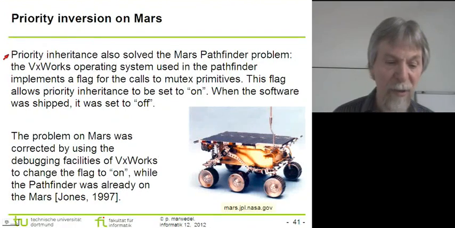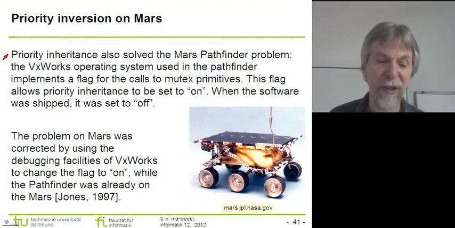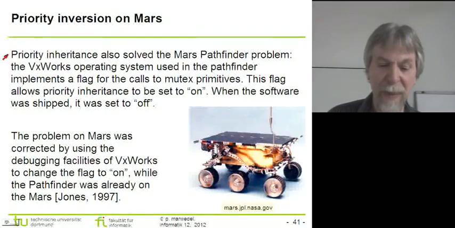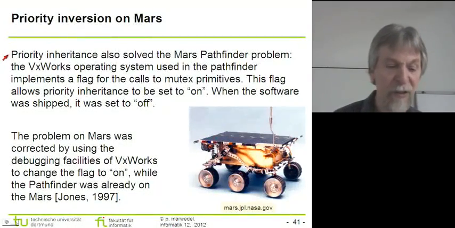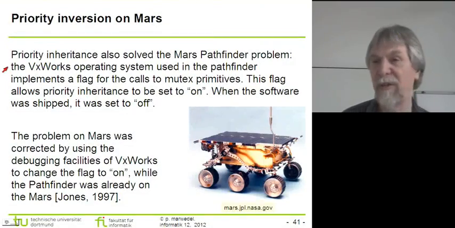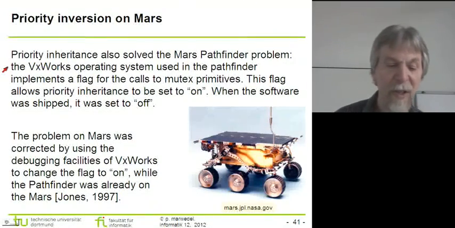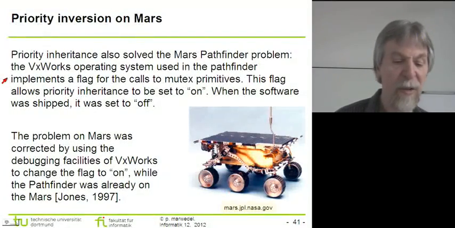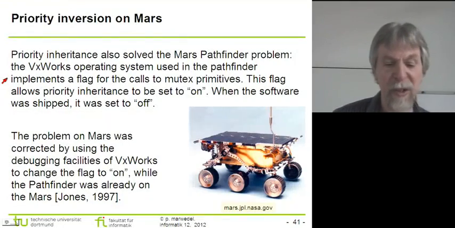So next, I'd like to demonstrate that with priority inheritance, this problem on Mars was also solved because they did ship the full operating system VxWorks there to Mars, including all the debug primitives and including the calls to these mutex primitives.